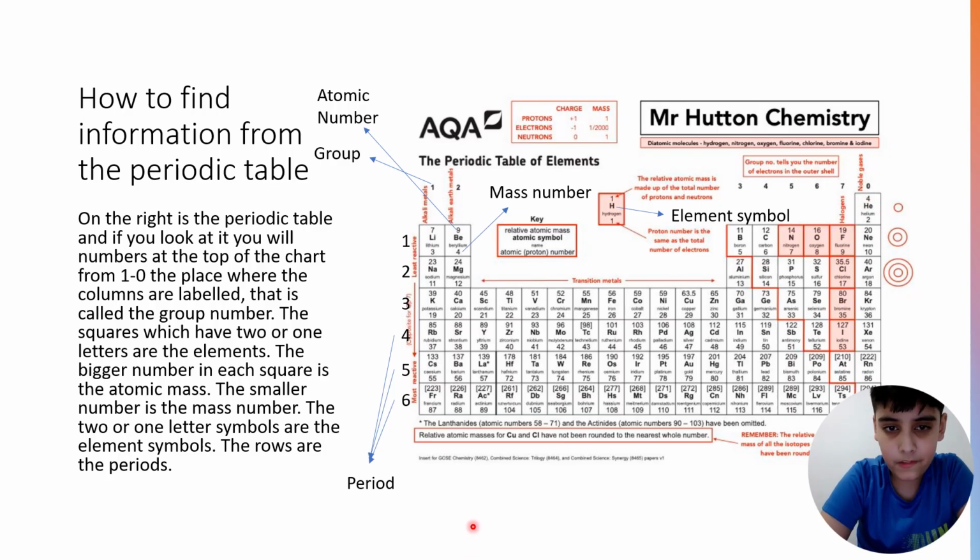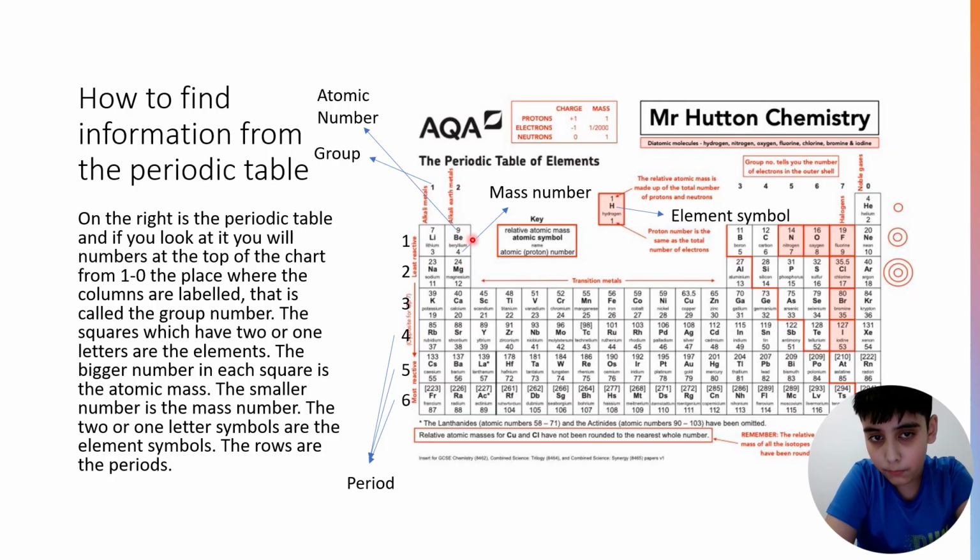If you see, each square is one element. So each element has specific information put into it. Like if you see beryllium right here, it has the number 9 and 4.